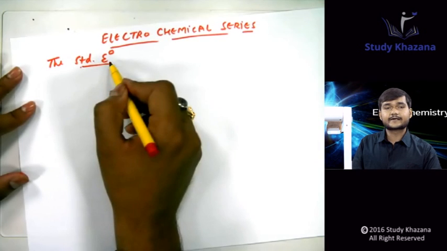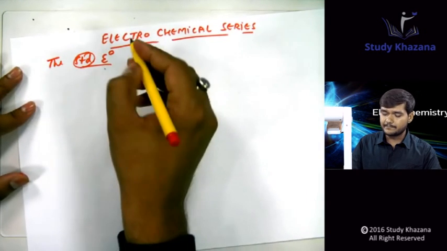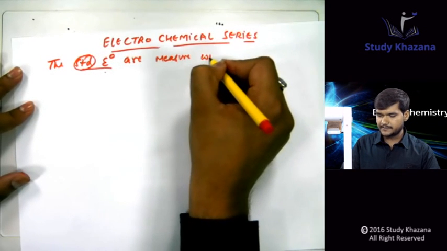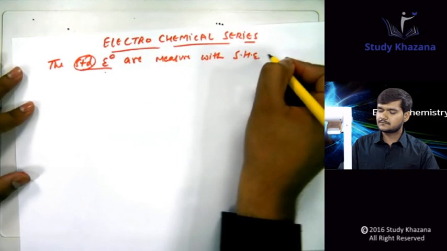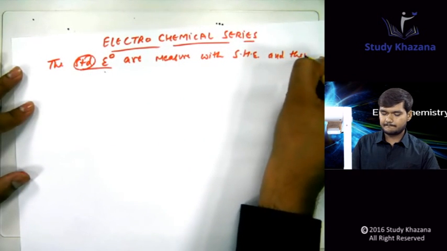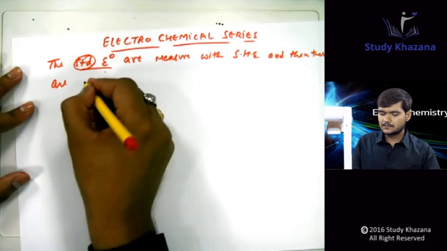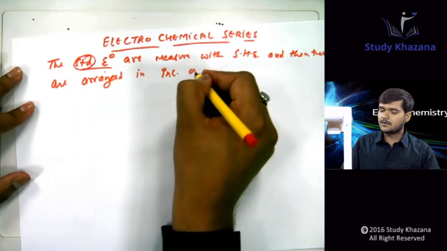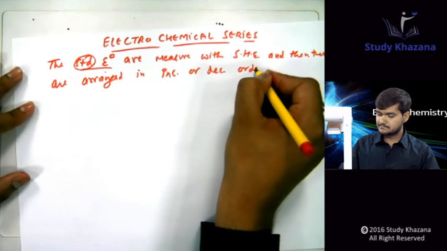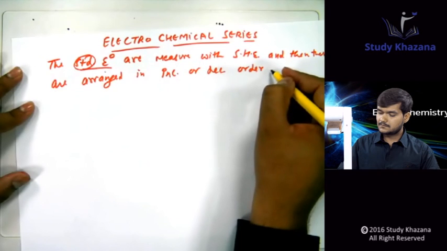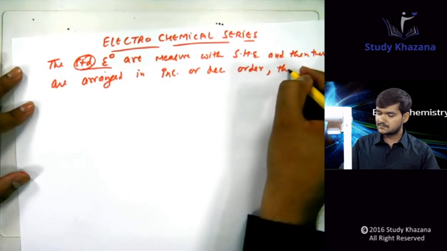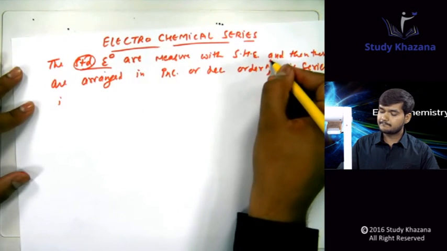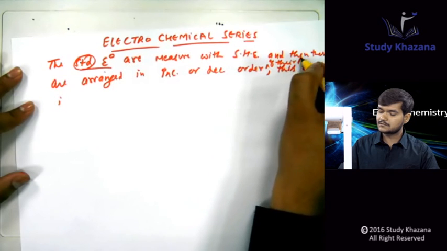The standard electrode potentials are measured with SHE, and then these are arranged in increasing or decreasing order of their reducing strength.